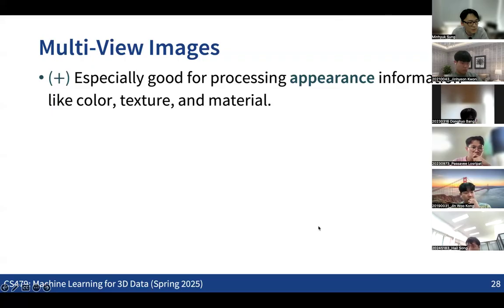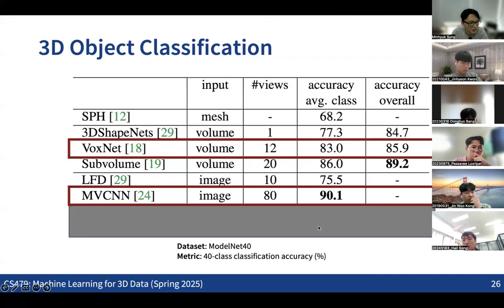I don't know whether you have noticed from the table here, but also as some of you mentioned in the answer, one thing is that to precisely represent all the information of the 3D data, we actually need lots of images. You can see that for this classification result, we have used 80 images for one single 3D object.